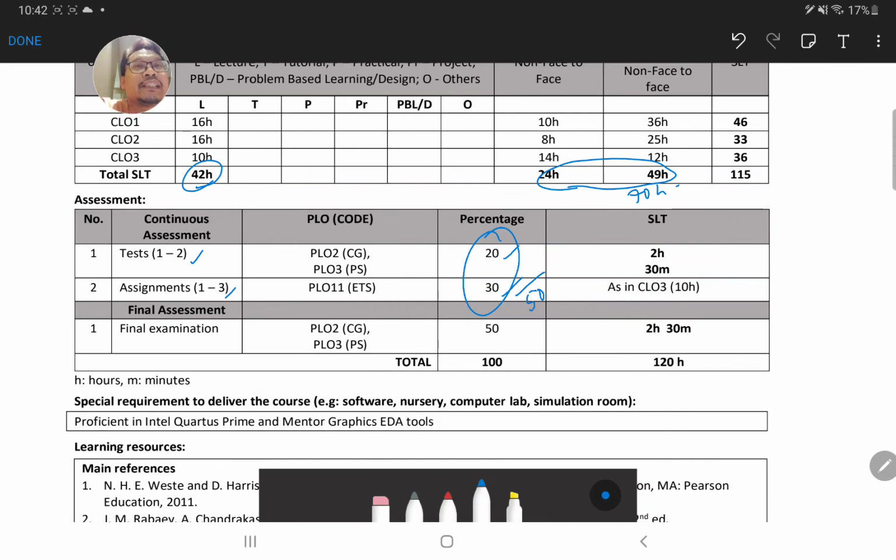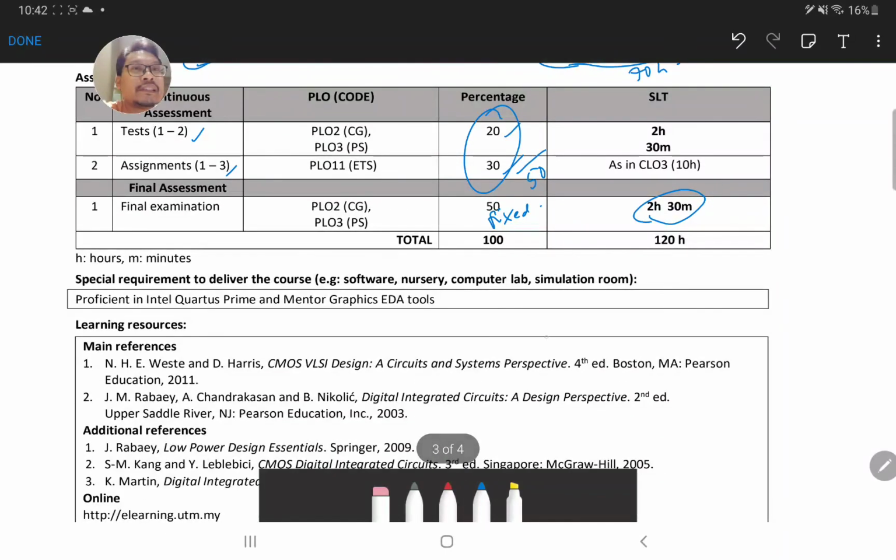In the assignment wise, maybe 2 assignments. Okay, I'm thinking 2 assignments, maybe 15 and 15. Okay, and then you have the final exam. This is fixed. Okay, final exam is 50%, total 100. Okay, the final exam standard, if you are from UTM, you know that your final exam is 2 hours 30 minutes. Okay, so that is standard.